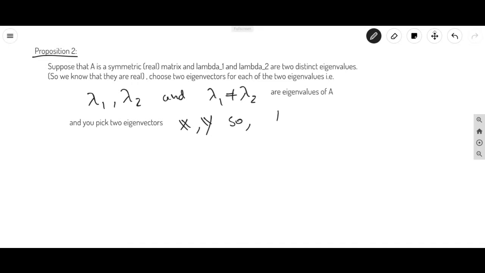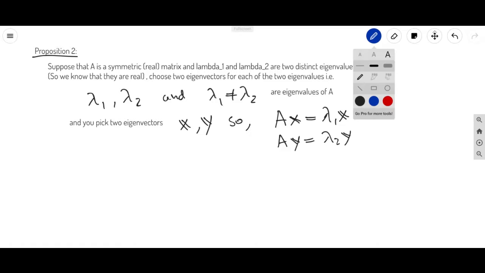What does that mean? That means that if you do Ax, you're going to get lambda 1 x, and if you do Ay, you're going to get lambda 2 y. So basically, you have two different eigenvalues, and you're picking an eigenvector for one of them and an eigenvector for the other one. So this is what you have.